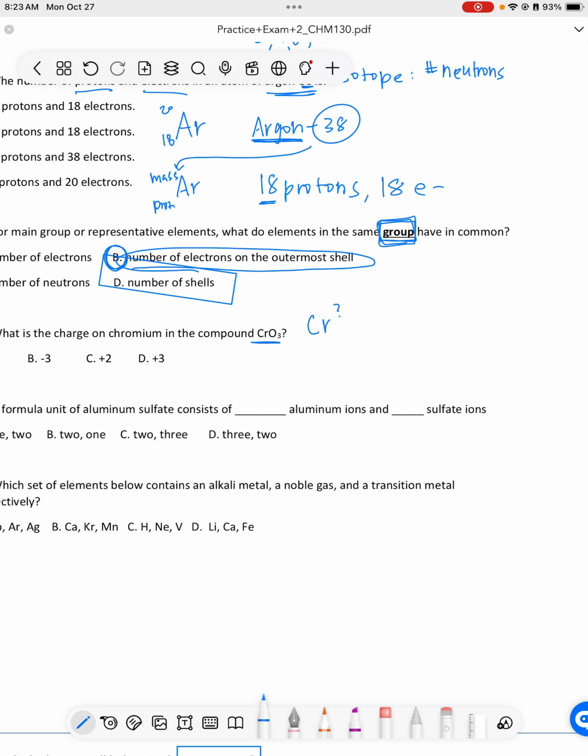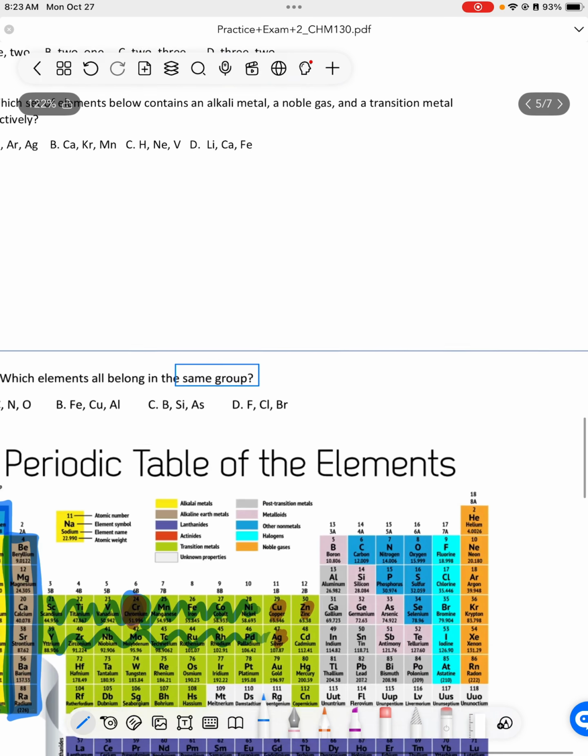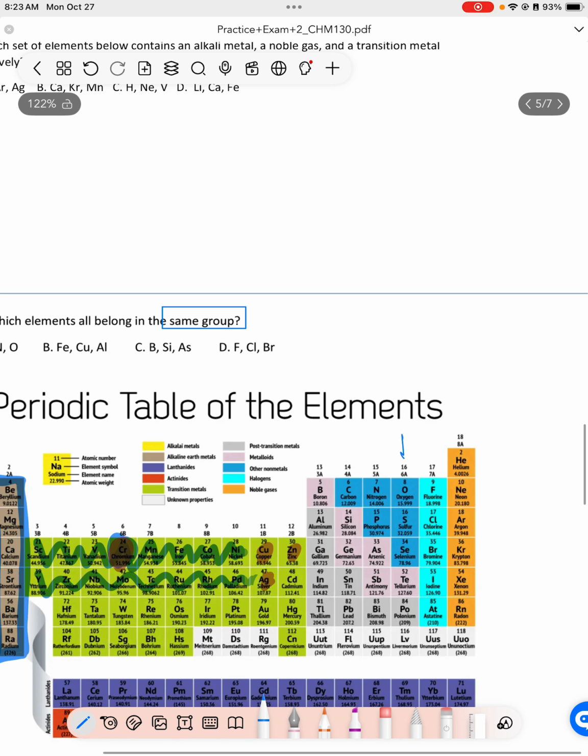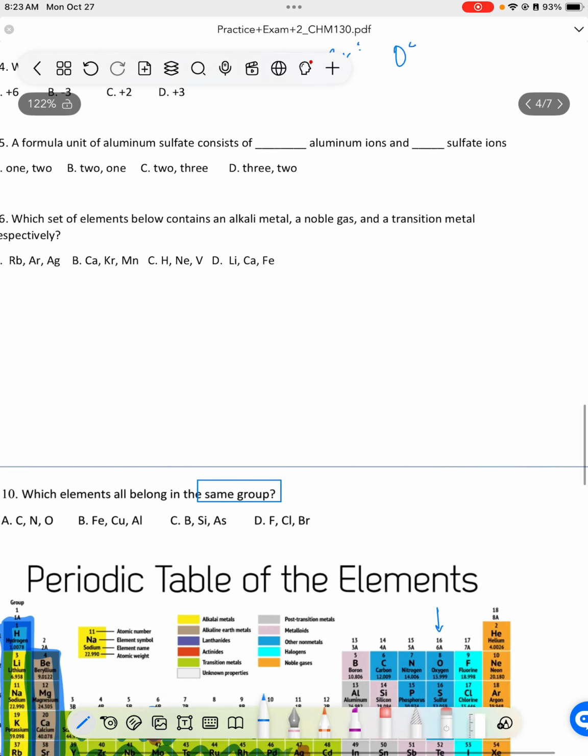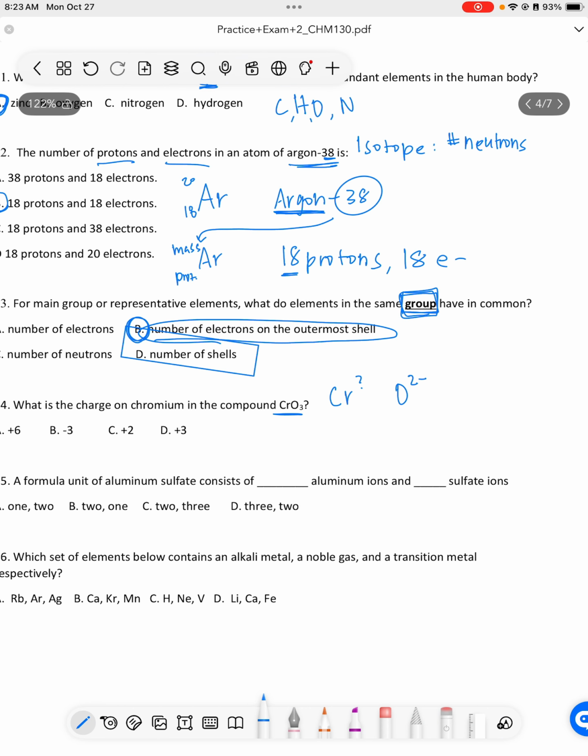So we have chromium. We do not know his charge. We have oxygen. We do know oxygen's charge. It's 2- because oxygen is in group 6, which means it has 6 valence electrons, so it needs to gain 2 electrons to have a full octet, which will give it a 2-. So if we have 3 oxygens with a 2- charge, let's draw it out.